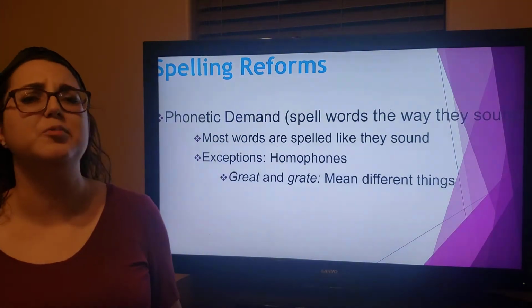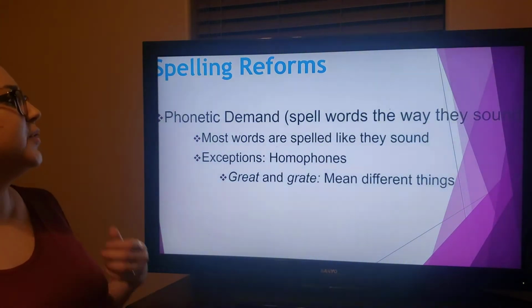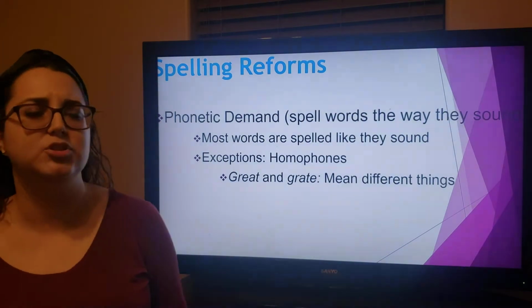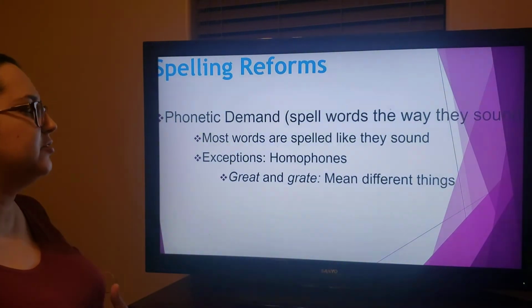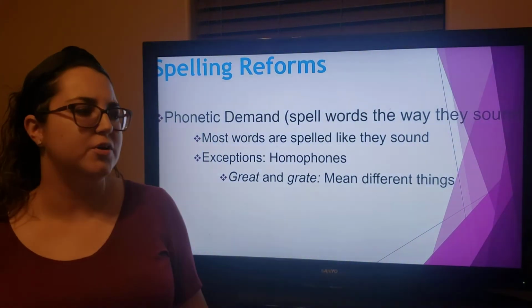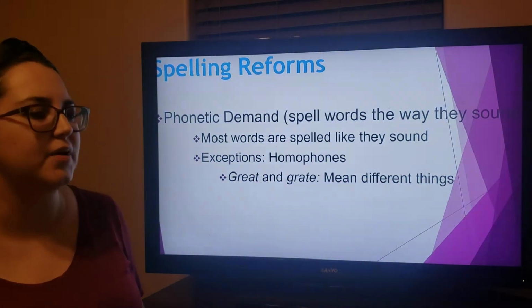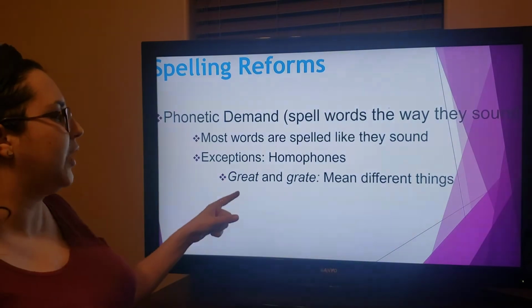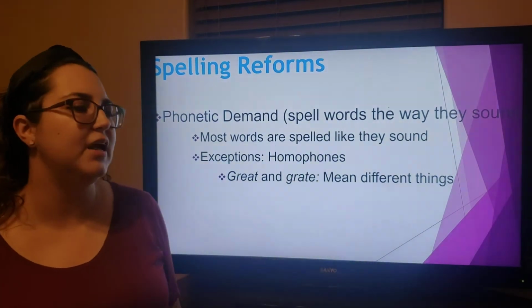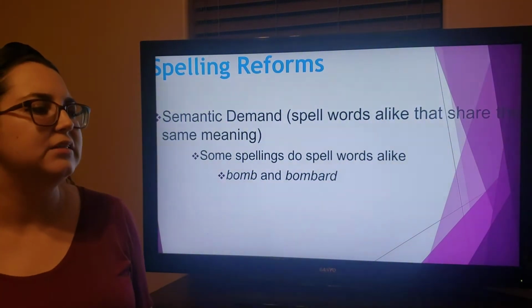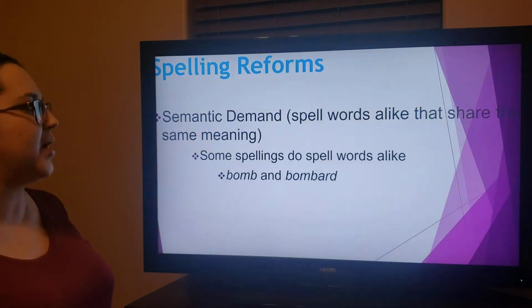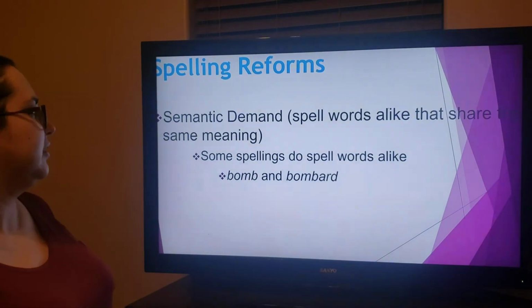Some of the spelling reforms that we have: the first one is the phonetic demand, which is to spell words the way that they sound. Most words are already spelled the way that they sound, except there are exceptions, like homophones, like great and grate, which mean different things. The second spelling reform is a semantic demand, spelling words alike that share the same meaning.